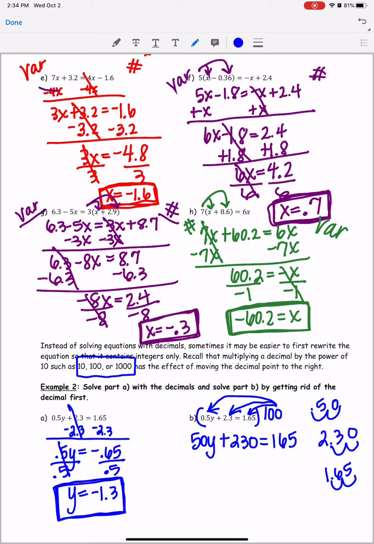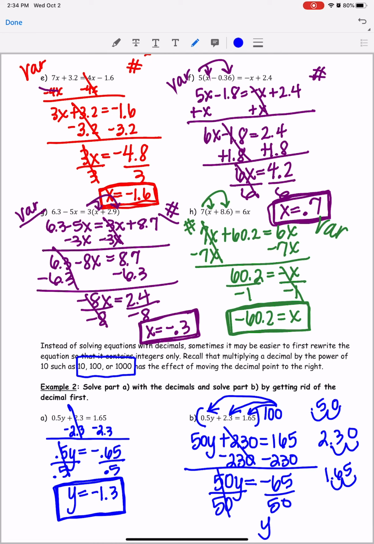Okay. So now we have whole numbers, so now let's solve. So to get this y by itself, we're going to subtract 230 over. So I get 50y equals 165 minus 230 gives me negative 65. Divide by 50.